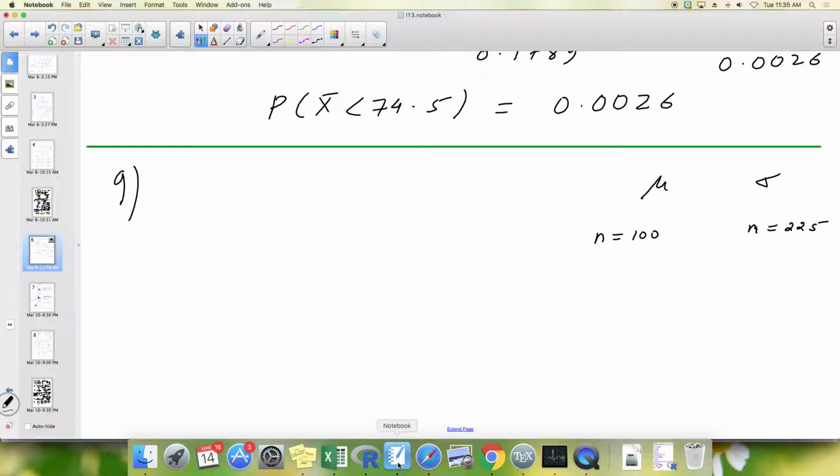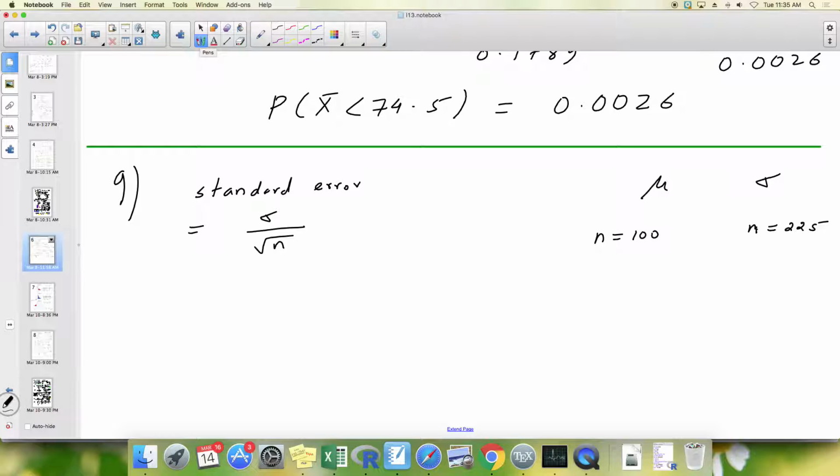So what's standard error? It's simply sigma divided by square root of n.